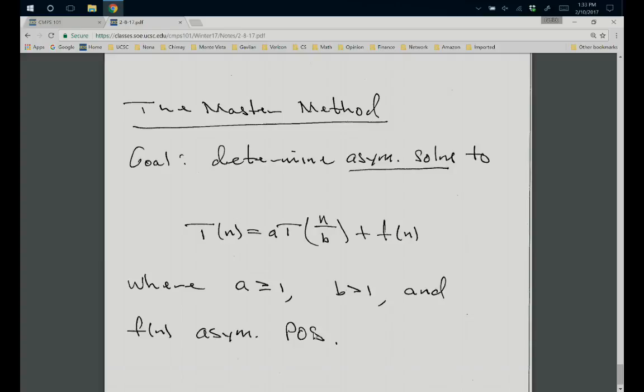Case 2: if f of n is in the class theta of n to the power log base b of a, then T of n is theta of n to the log base b of a times log n, or what's the same thing, f of n times log n.